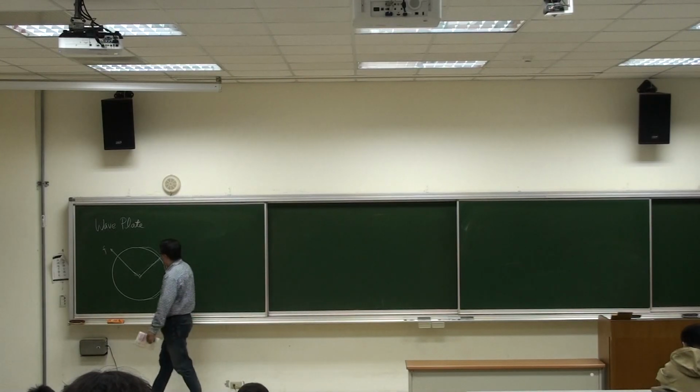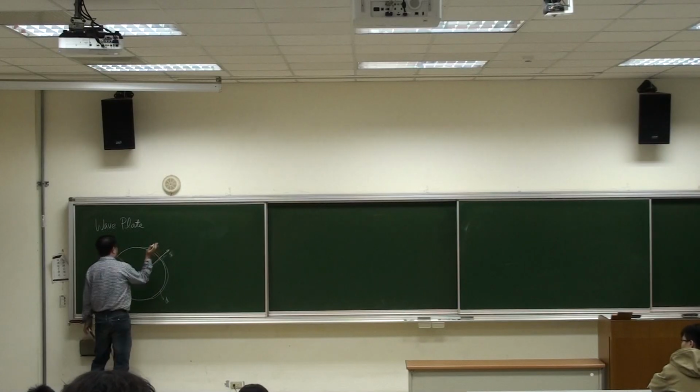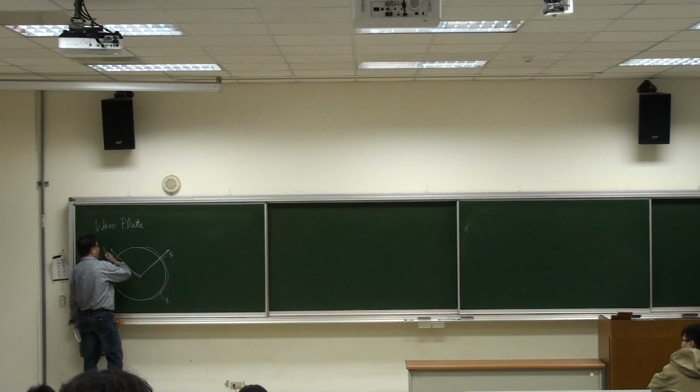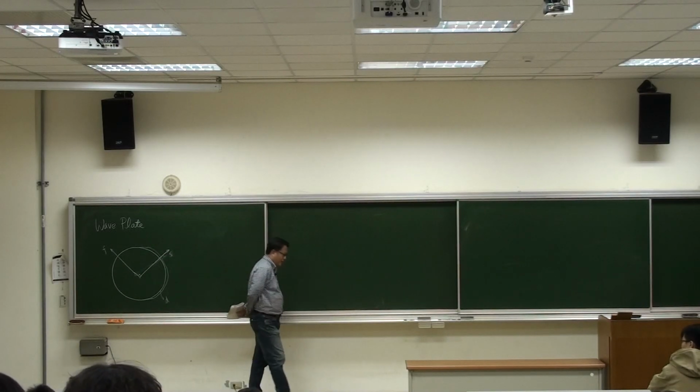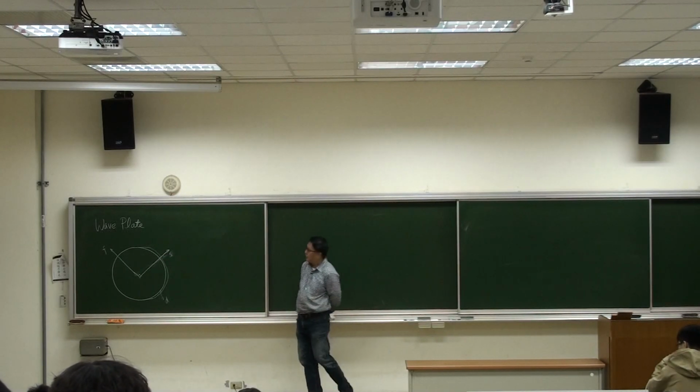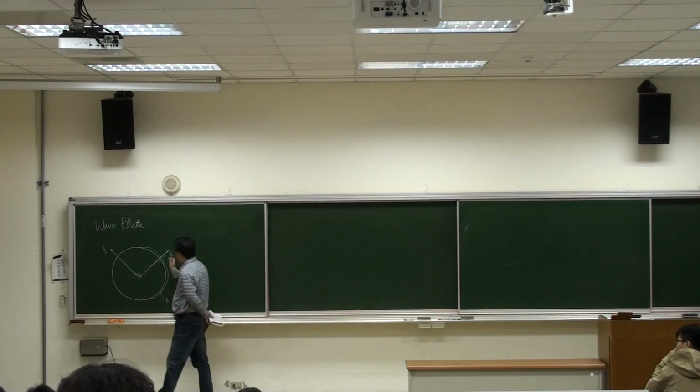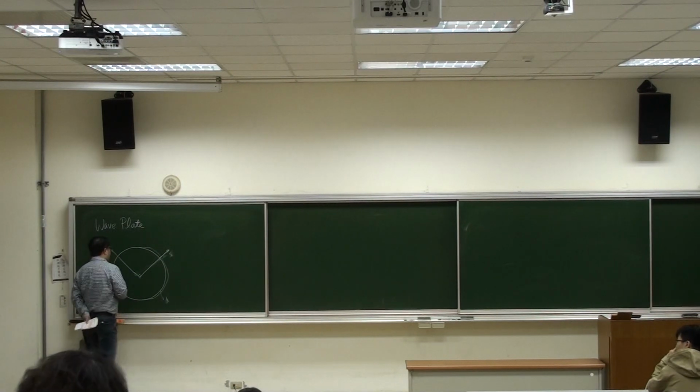And large refracting index means propagating slowly, and small refracting index means propagating faster. Okay? So we call this slow axis, fast axis.